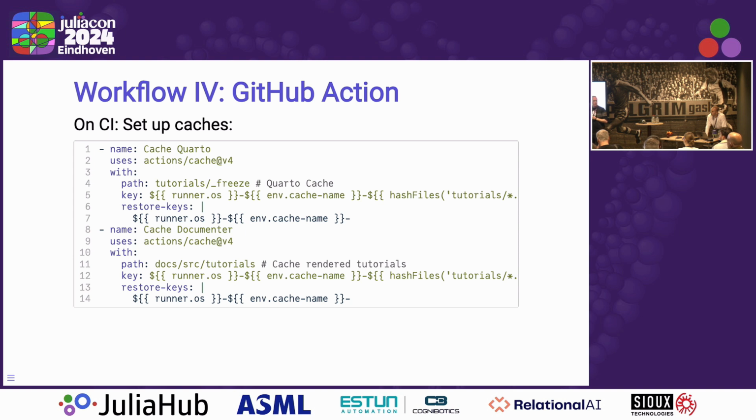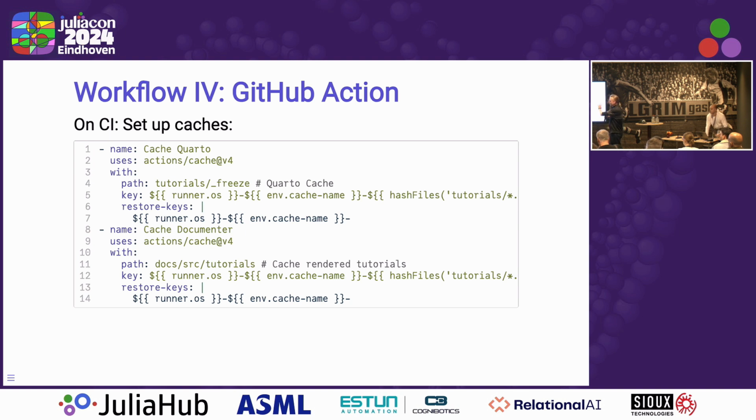So with that, the GitHub CI automatically only re-renders those that were changed in the last push compared to the cache. And that's then really neat, and Documenter doesn't run for 2 hours, but really just 10 to 15 minutes again.